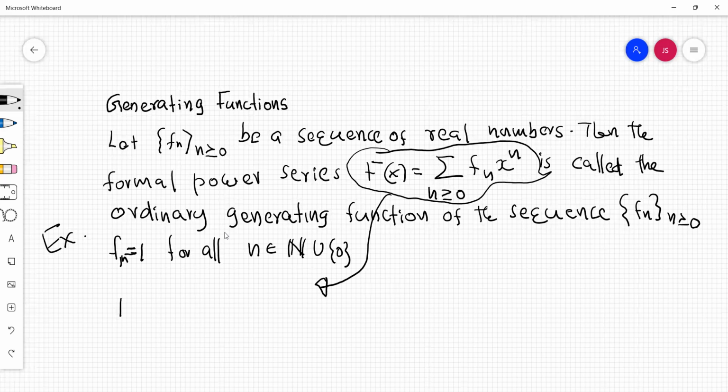And what is the second term of the power series? See that every coefficient is 1. X. Third one? X squared. X cubed and so on. Or in sigma notation, you can write it as the sum of x^n.